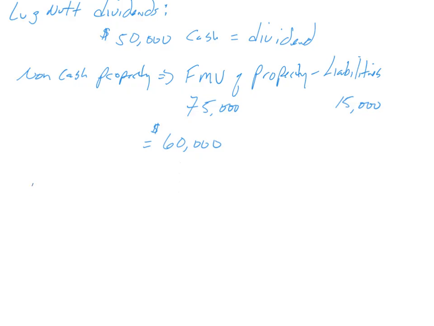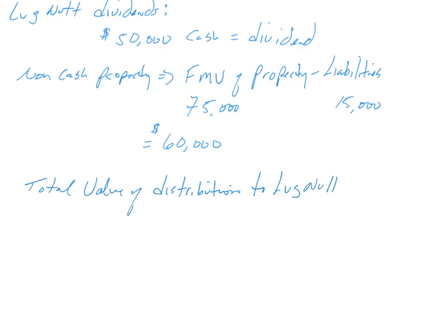So the total value of the distribution to Lugnut is $110,000. It's just that $50,000 cash plus that $60,000 of non-cash property value.